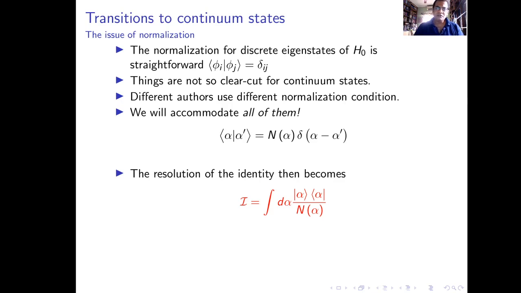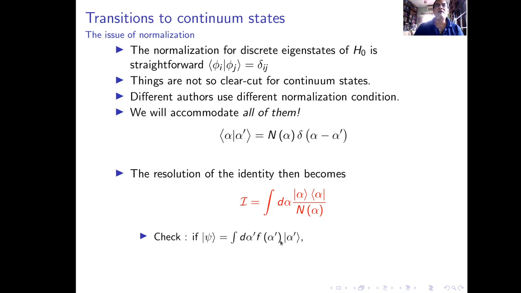Now, just to verify that this really is the resolution of the identity, let me point out that if you start with a state psi, an arbitrary state psi, you should be able to expand this in the eigenbasis provided by the alphas. So you can write that as an integral over d alpha prime of the ket alpha prime times some coefficients.